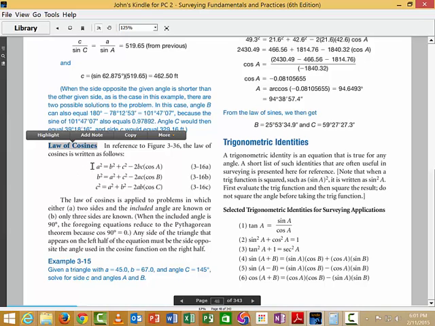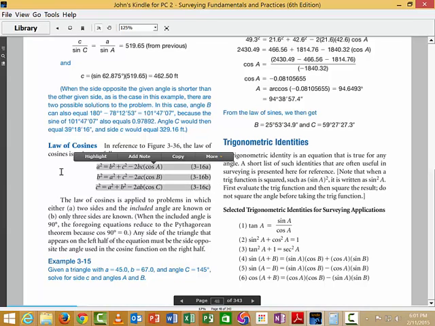The text gives three formulas that reference the law of cosines, and it says it applies to problems in which you have two sides and an included angle, or you're only given three sides and you have to solve for the rest of the triangle. So situation A, two sides and the included angle, or only three sides are known.